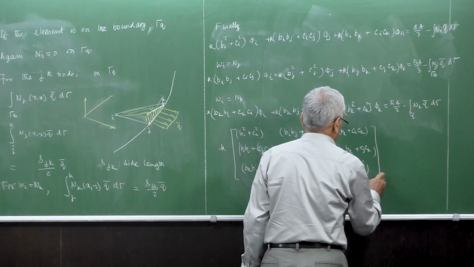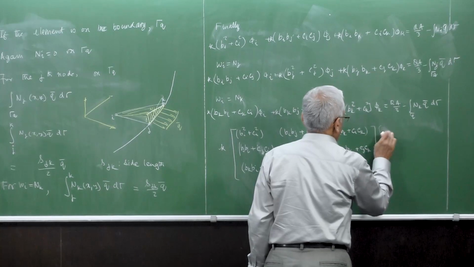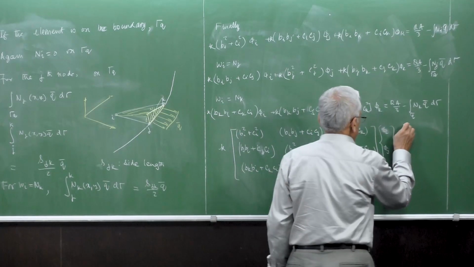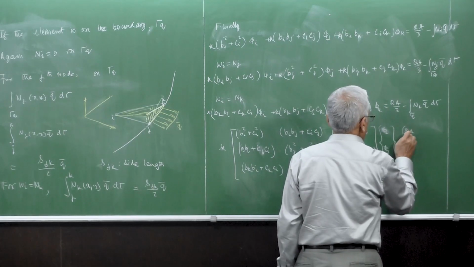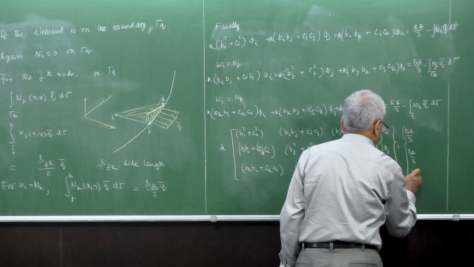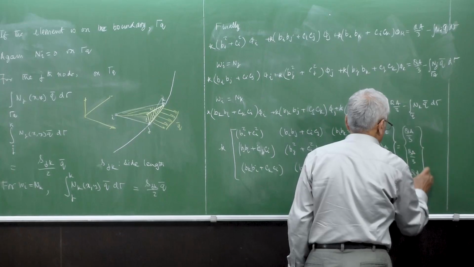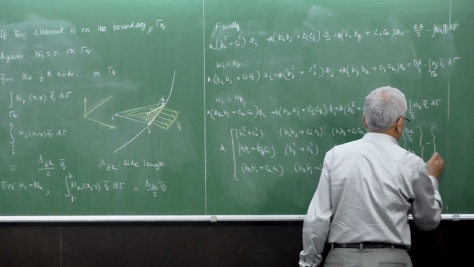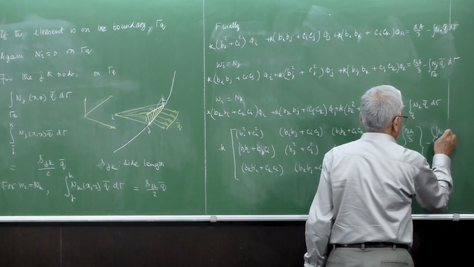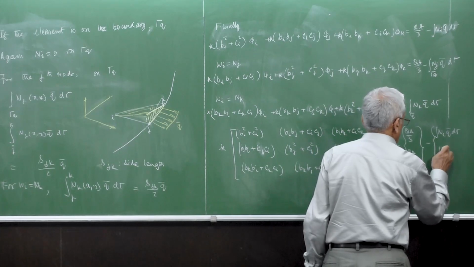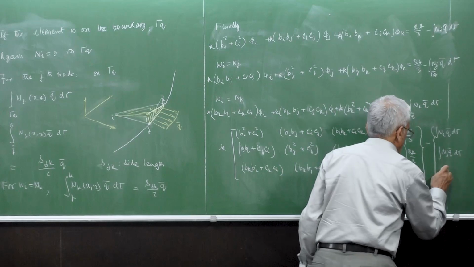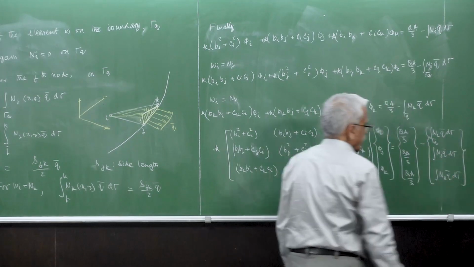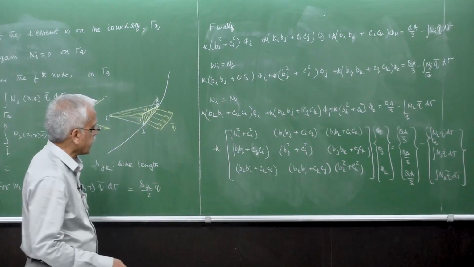So this multiplying phi I, VA by 3. Okay, so this is the final equation of the element.